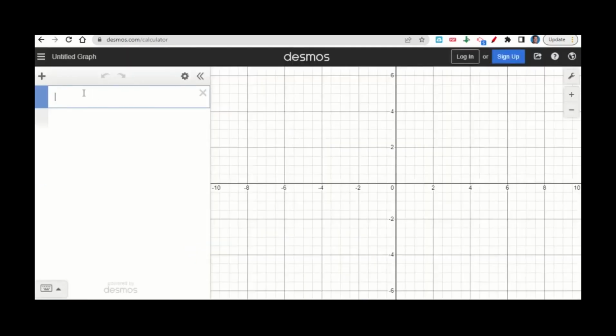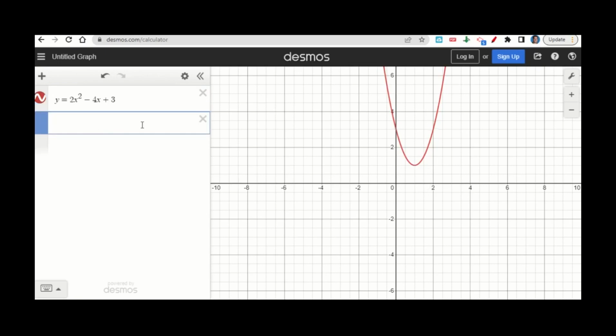Whether it's in standard form or vertex form, we can type it in either way to check our work. So we can type in y equals 2x squared minus 4x plus 3. And we can see the exact location of the vertex. If we click on it, it'll tell us exactly where it is. So it's at x equals 1, y equals 1.